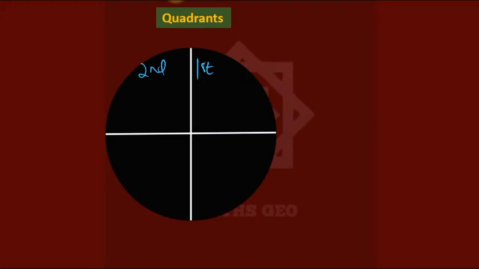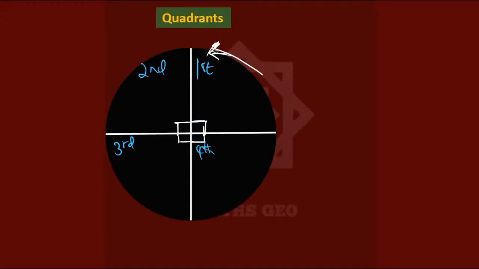This is the second, this is the third, this is the fourth. Each of them is 90 degrees. We move counterclockwise, the other way. So that's first, second, third, fourth.